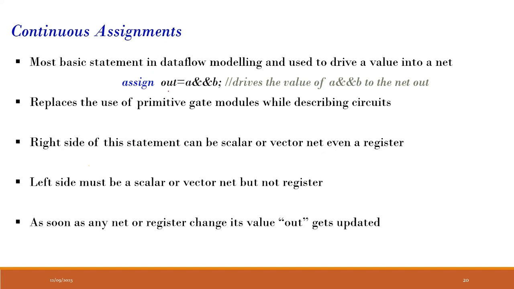We are assigning a particular value to this out based on the AND of A and B. Now, the right side is A and the right side is B. They can be scalar or vectors. Scalar means A is just 1 bit, or it could be defined as a 4-bit vector, etc. It can be anything.